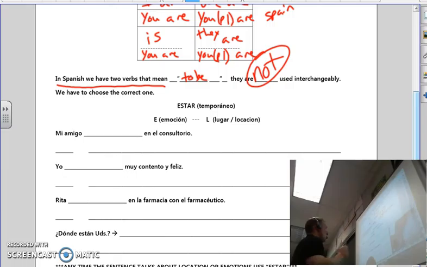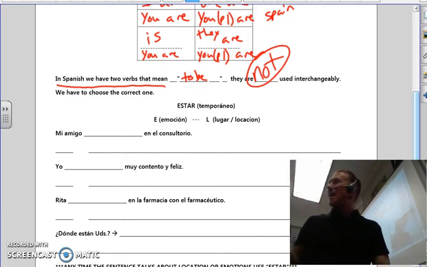We have to choose the correct one. So you can't be like, today I feel like Chinese food, I'll use soy. And the next day you didn't like the Chinese food you ate, now your stomach hurts, and you want to go with estoy. You can't do that. You have to choose the right one depending on the situation.